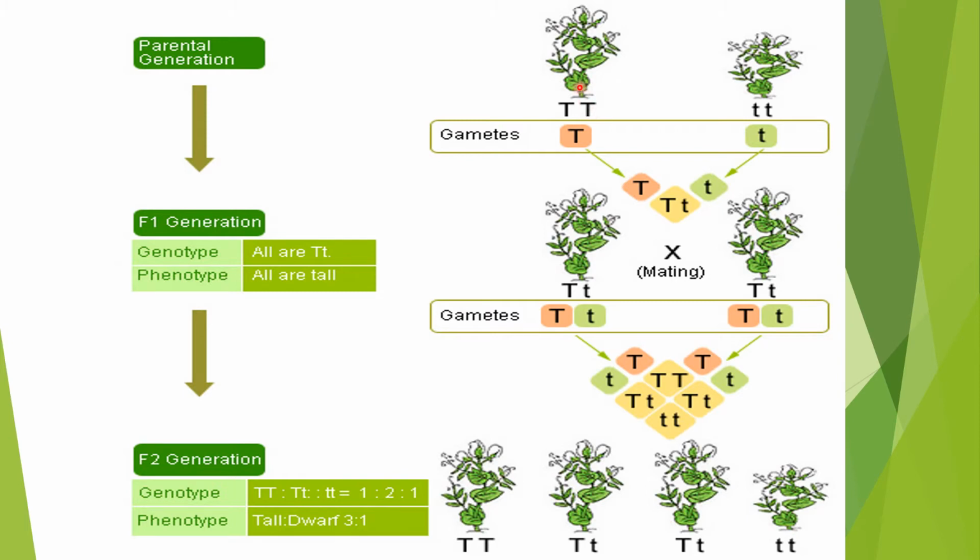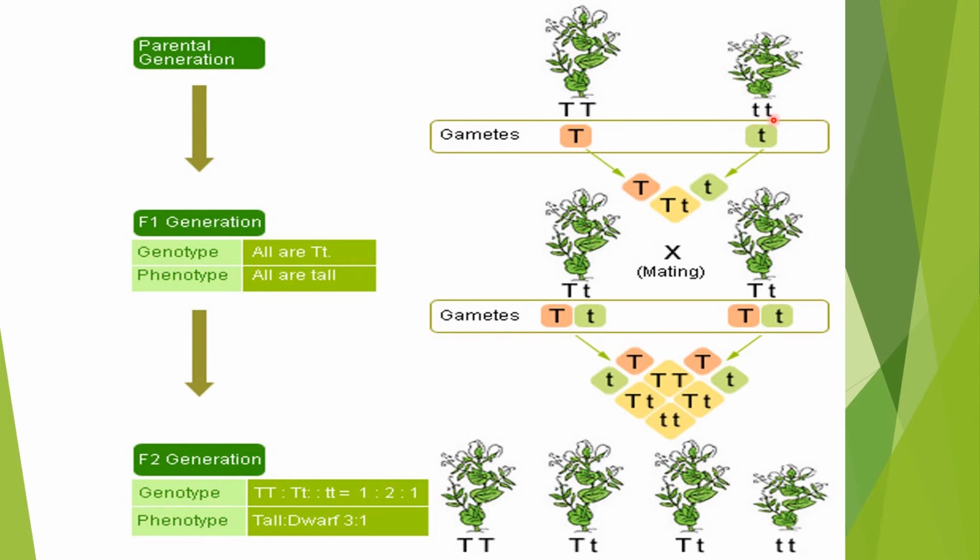So this parent is a pure tall plant and the genotype explains that. It has the genotype capital T, capital T. And this individual is a homozygous dwarf plant because the recessive genes small t and small t are present.